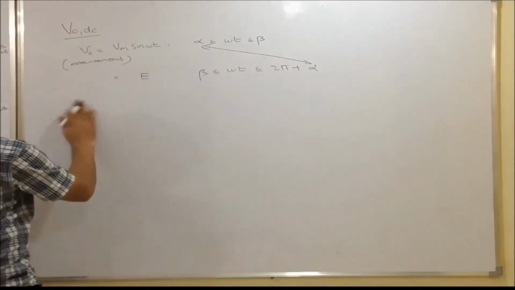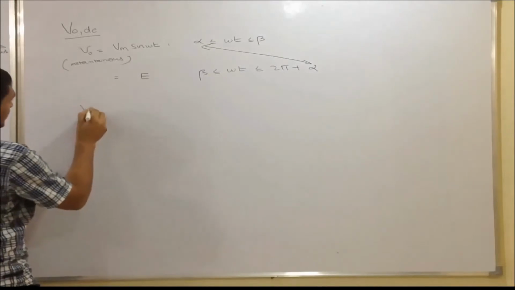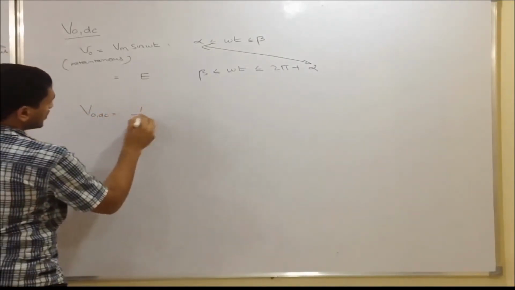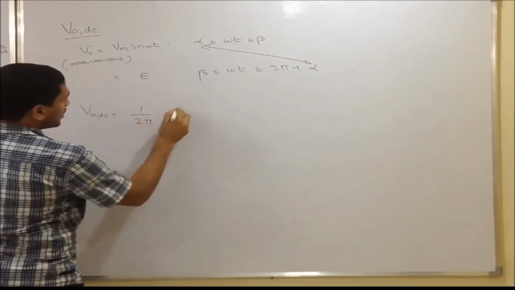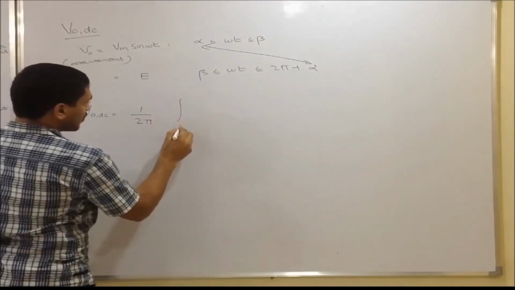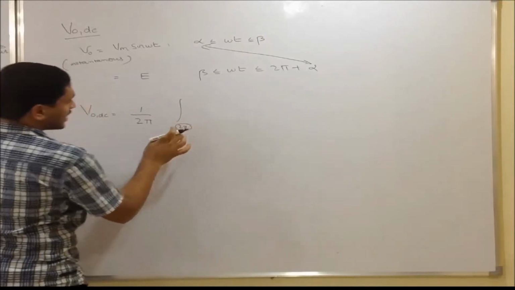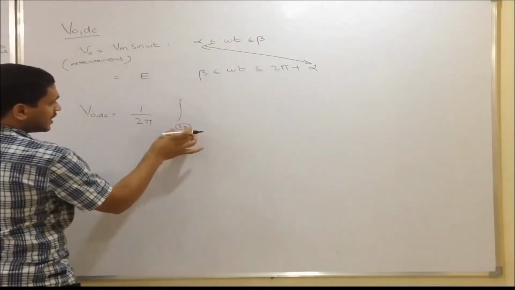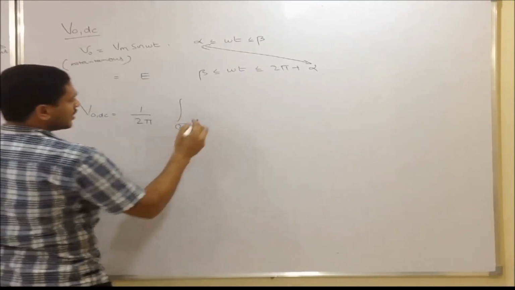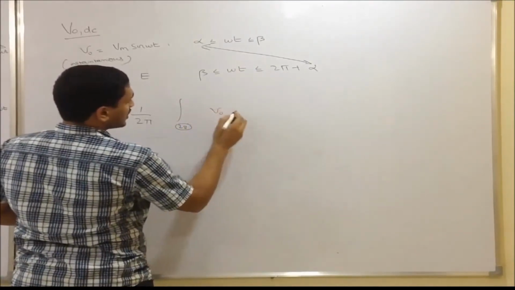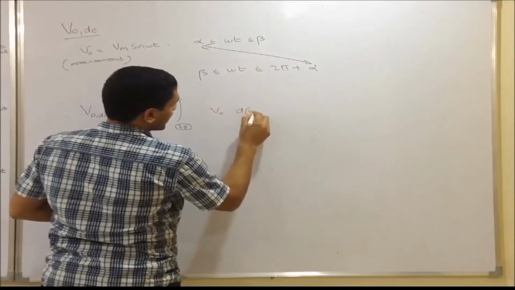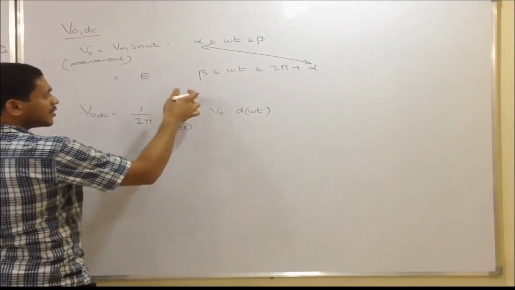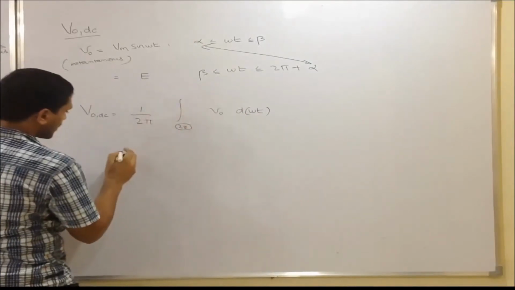How do I calculate? I am doing the first method, that is the direct integration. V0 DC equals, the time period being 2 pi, 1 by 2 pi integral over 2 pi. This I can take 0 to 2 pi or alpha to 2 pi plus alpha. The integration is over 2 pi of instantaneous voltage d omega t. This I can expand from any time to 2 pi plus that time.